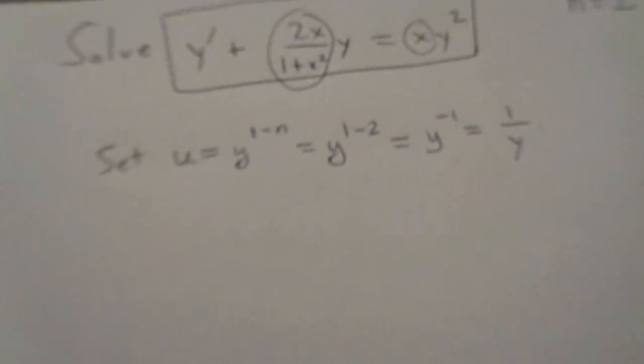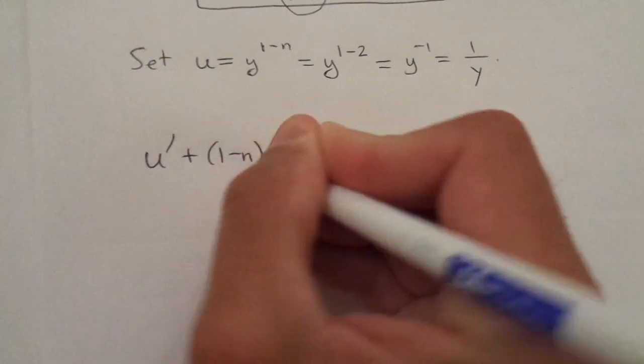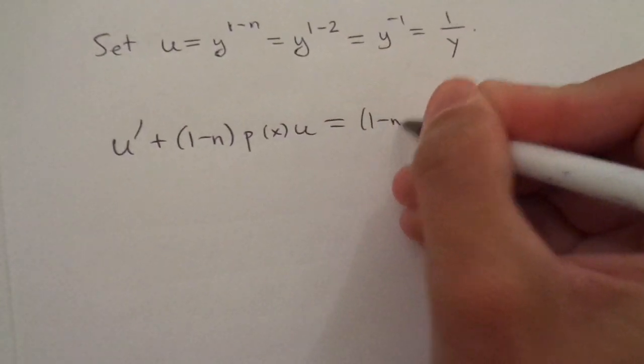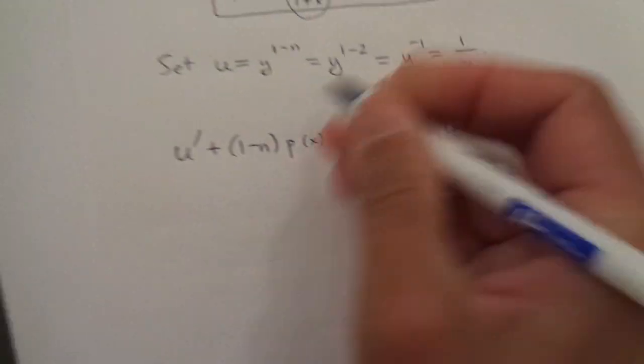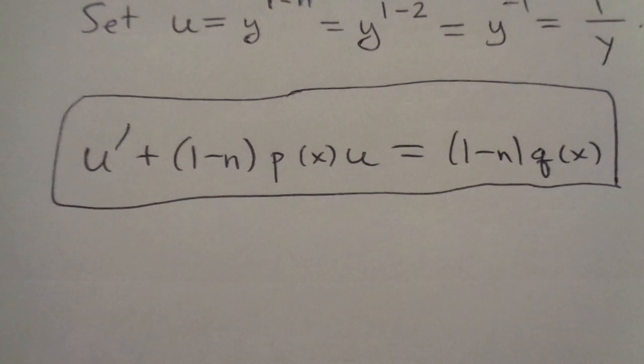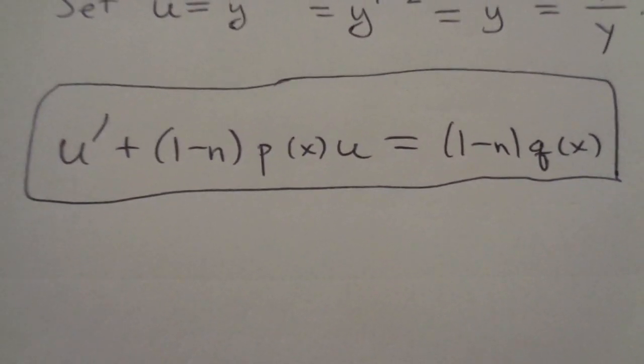The key thing that I need to do is use the formula. I'm going to write it again one more time here. Use the formula for the new differential equation that you get after you apply that change of variables. Remember, n is equal to 2 in our example.